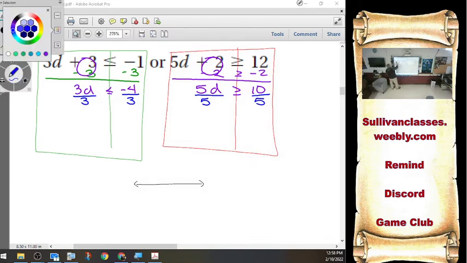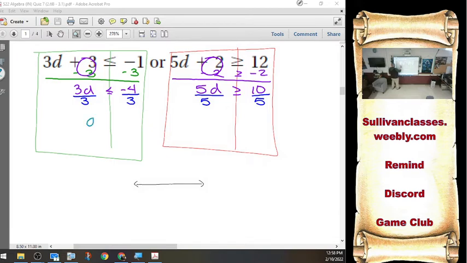Remember, we like our fractions here, negative 4/3. That's it. I wish y'all would get more accustomed to fractions because it's lazy math. You just leave it. Negative 4/3, you're done. I mean, if you can simplify it, do that. Okay, and we get d is greater than or equal to 2.